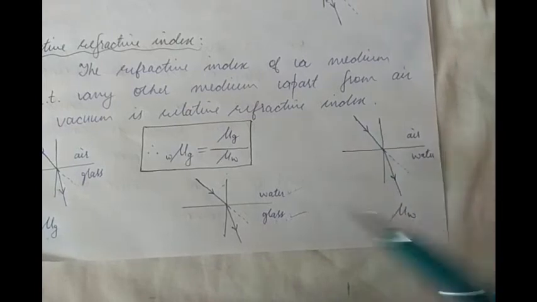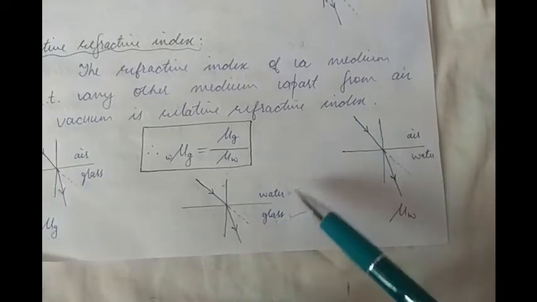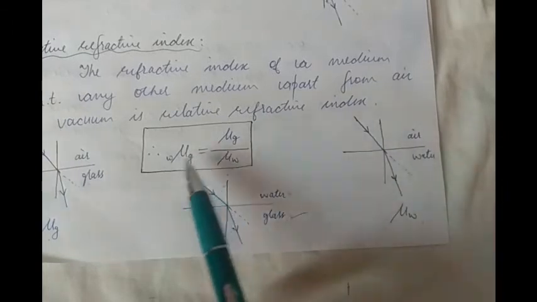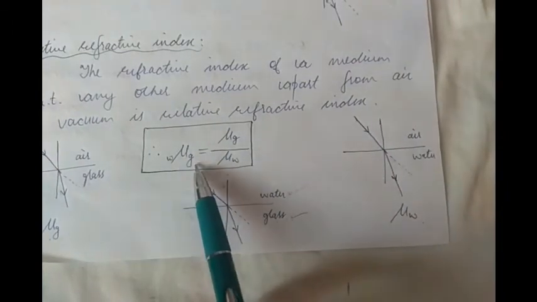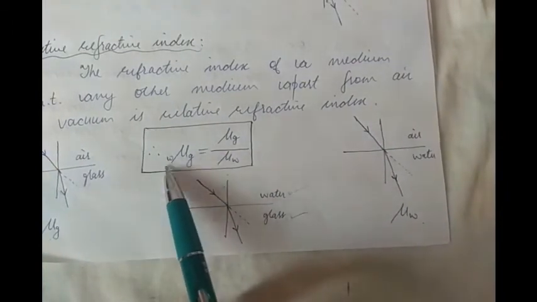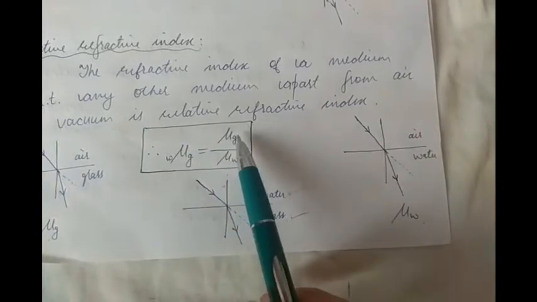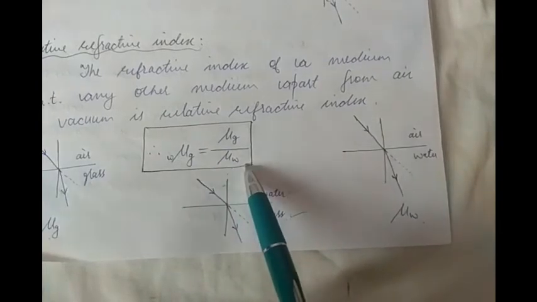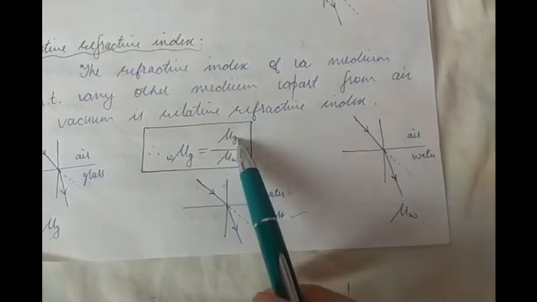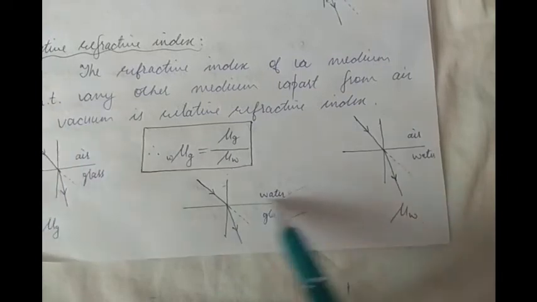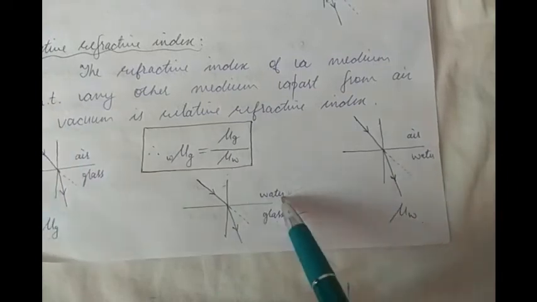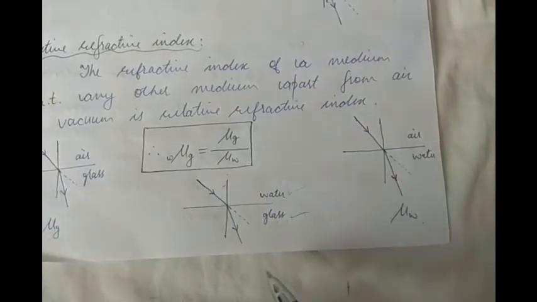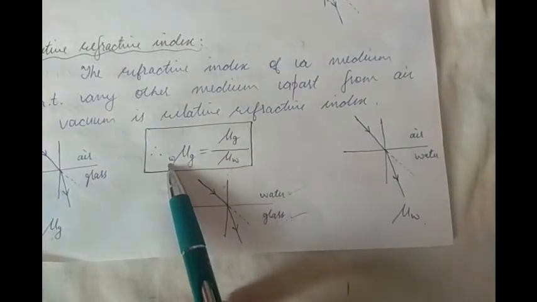So the refractive index of glass with respect to water will be equal to the absolute refractive index of glass divided by the absolute refractive index of water. That is, the refractive index of the second medium divided by the refractive index of the first medium is the refractive index of glass with respect to water.